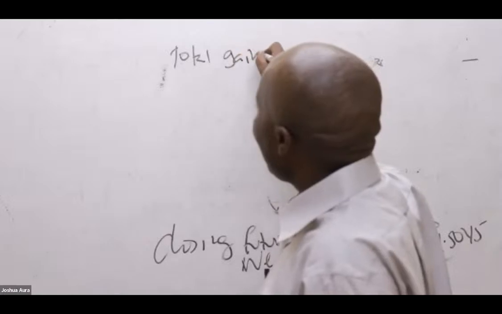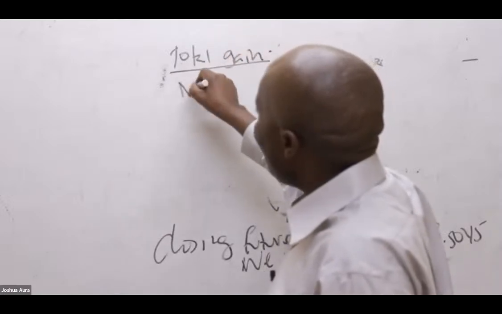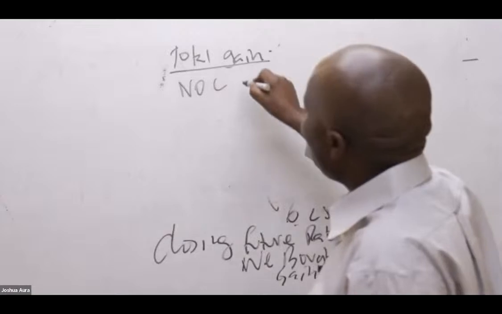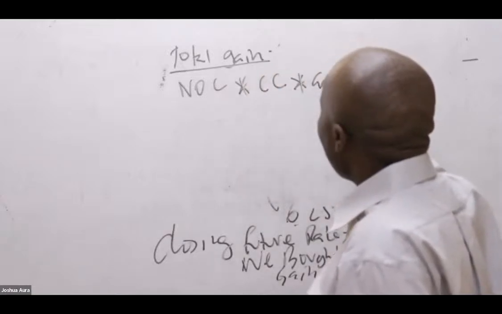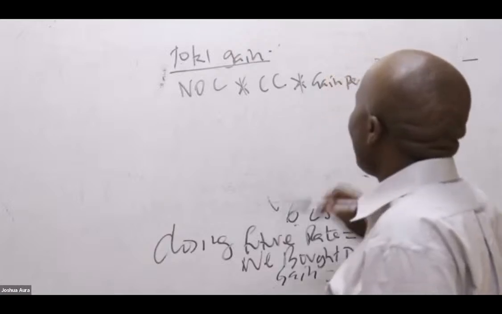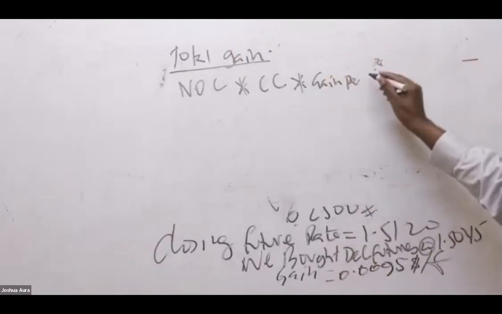For the total gain, you take the number of contracts and multiply by the gain per unit, the gain per future.